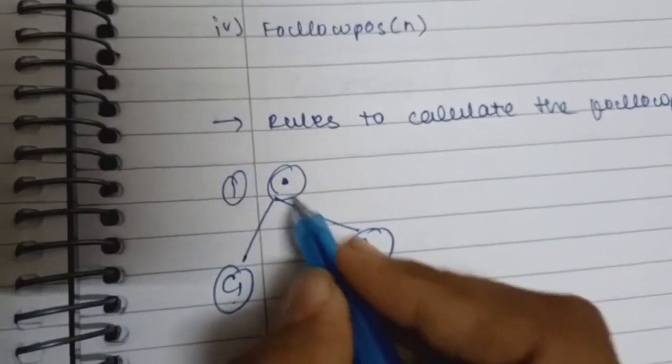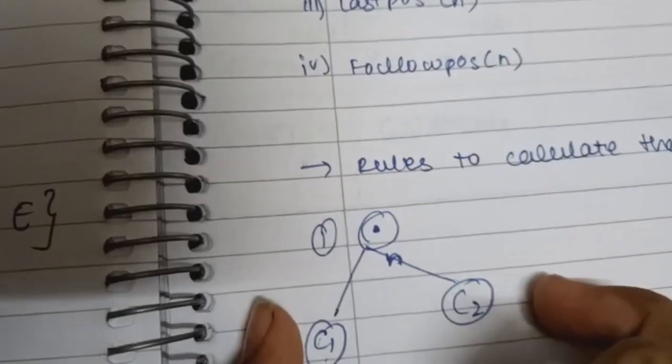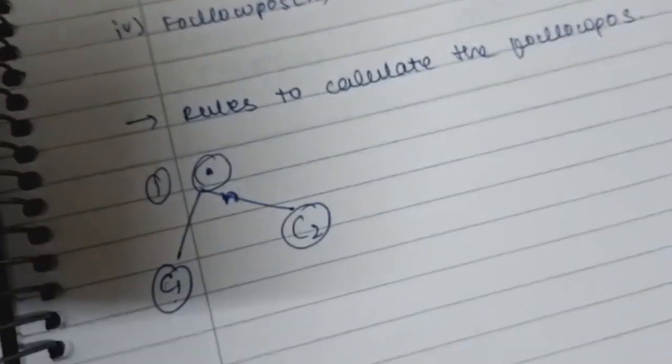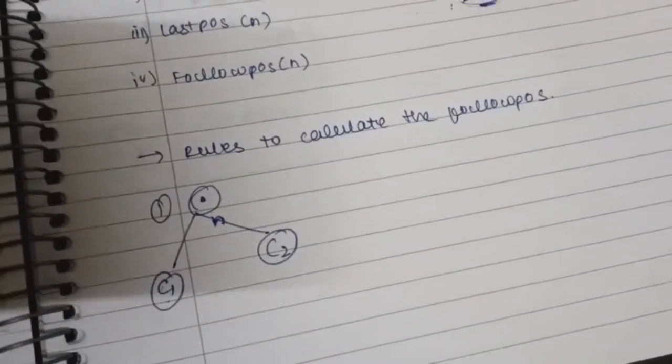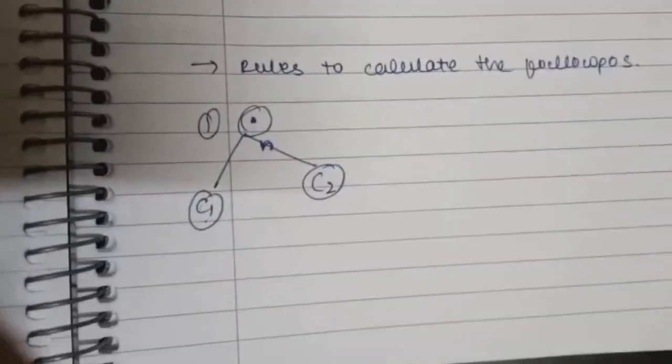So these are its child nodes. This is basically a part of the syntax tree. I'm not drawing the whole syntax tree, just to make you understand how the follow position of the concatenation operator is being determined.